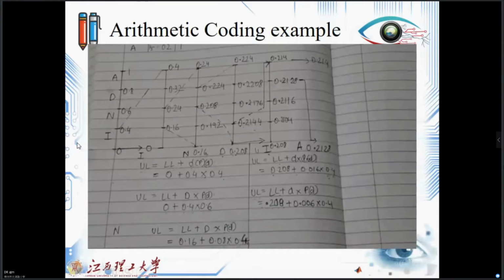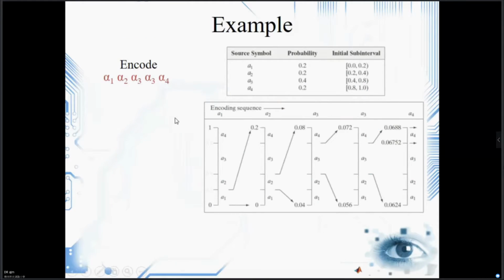Okay. Here again, with some example, but I thought that that clip is perfect because when somebody calculates with the calculator by hand, it will be more effective. You will see that we have the four symbols A1, A2, A3, and A4 with the probabilities of 0.2, 0.2, 0.4, and 0.2, and the initial sub-interval between them: 0 to 0.2, 0.2 to 0.4, 0.4 to 0.8, and 0.8 to 1.